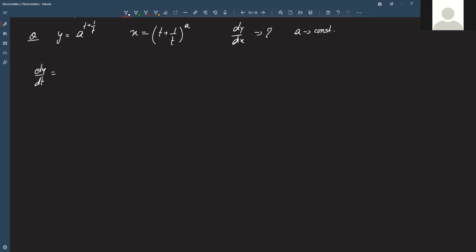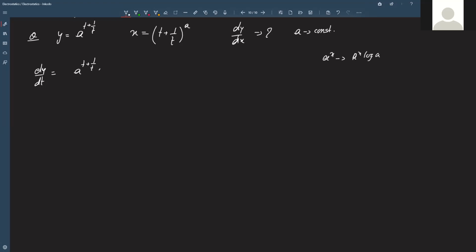Right? So this is in the form of a to the power x. So remember that becomes a to the power same thing into differentiation of the exponent. A to the power x, then it becomes a to the power x log a.